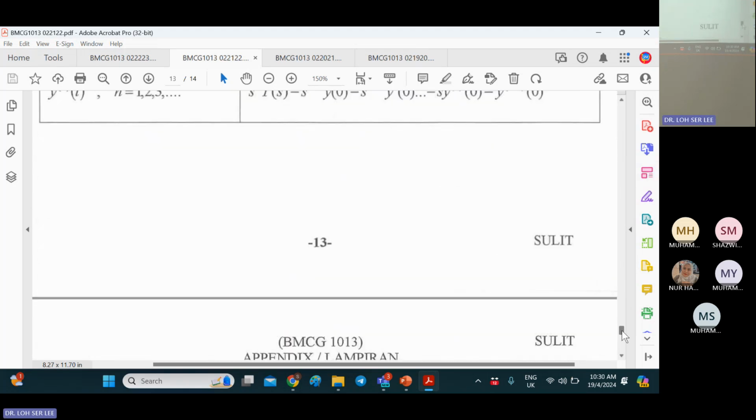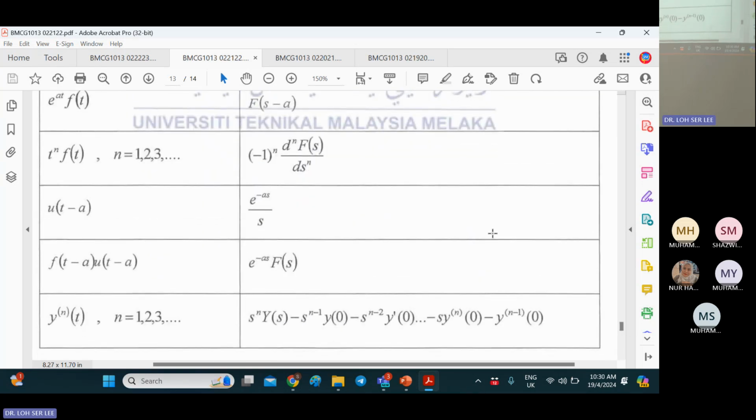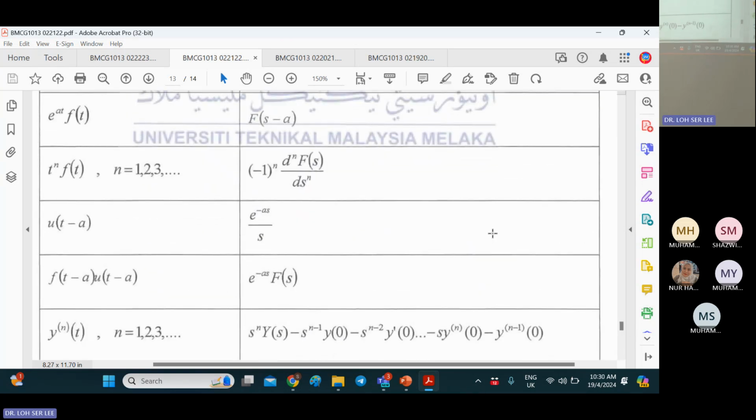If you look at the appendix, this is the formula given. Which one do you have to use for t e to the negative 3t?